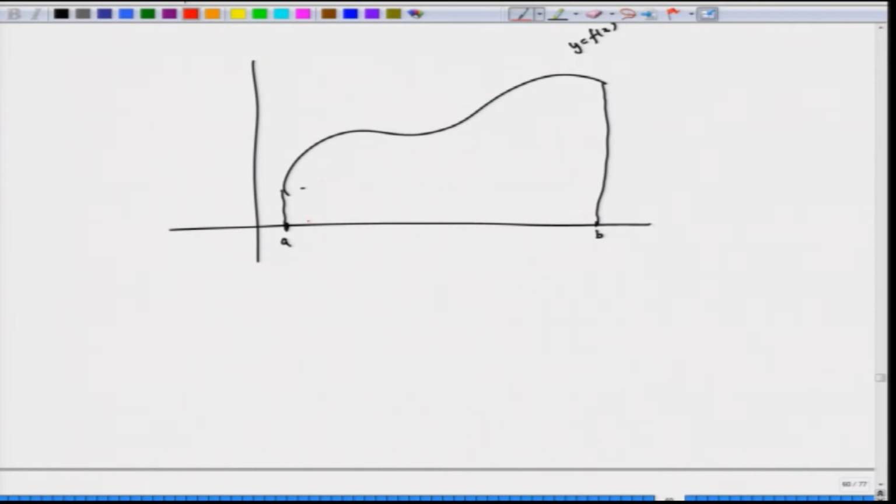Now, let me divide this AB. This is x1, let us say this is x2, this is x3. I am not putting any restriction on x. So, suppose this is x n minus 1 and this b is equal to x n.